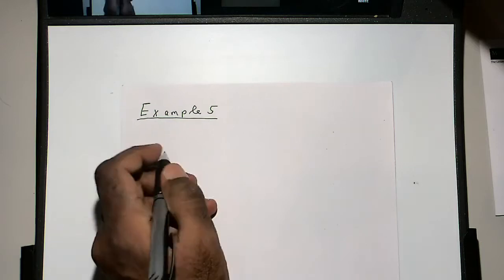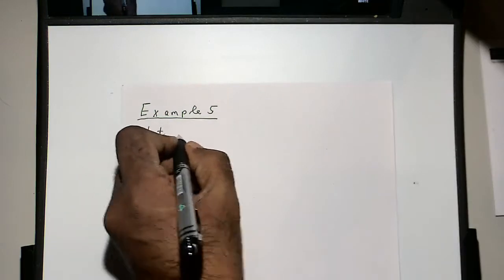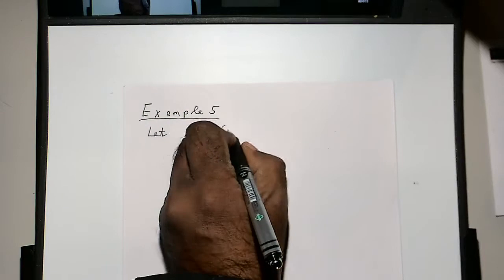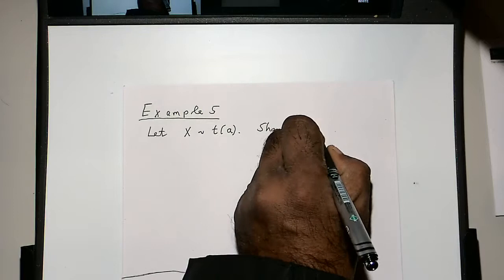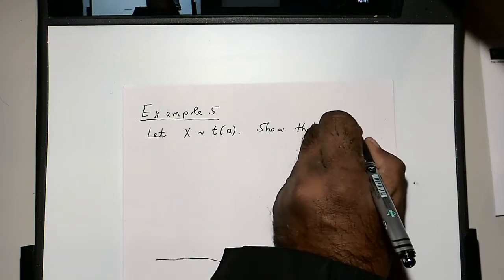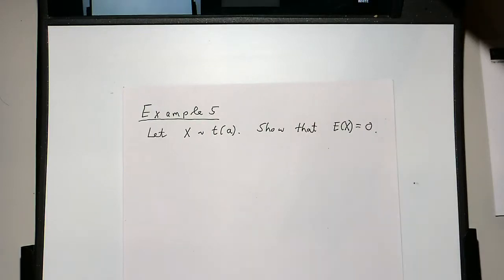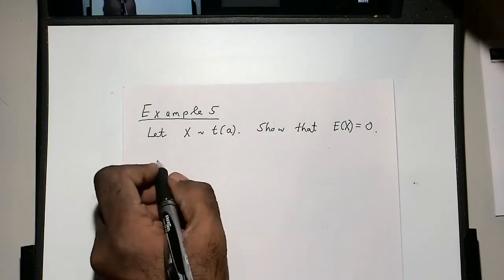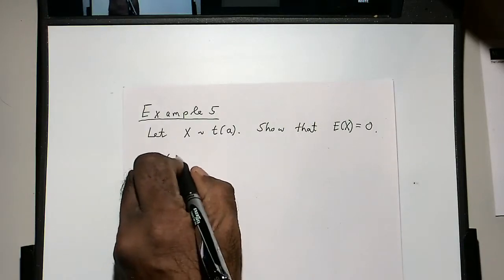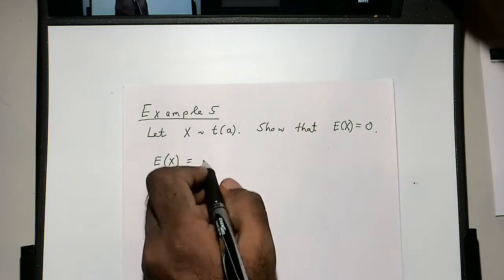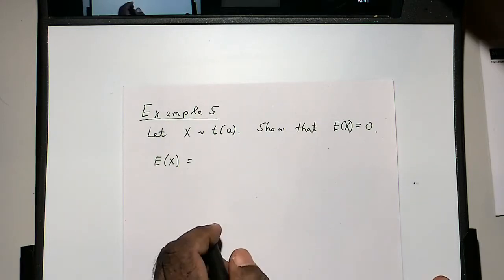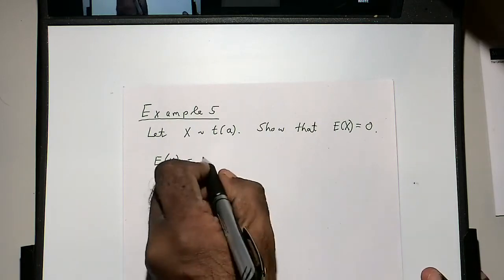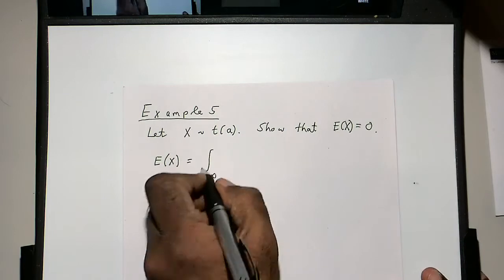example 5. Let x be a t variable with a degrees of freedom. Show that the expected value of x is 0, right? So in order to show this, once again, remember, the density for the t variable is this complicated function, and it's defined from minus infinity to plus infinity.